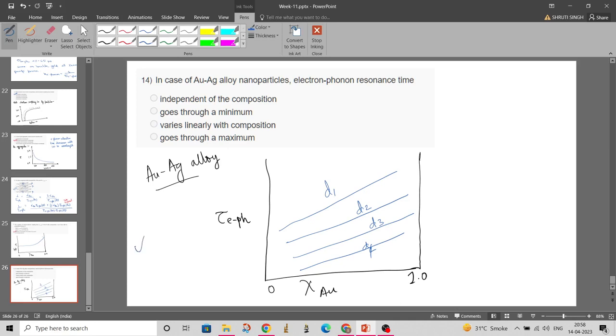That is, alpha Au is equal to chi Au, that is, density of states of Au is equal to density of states of Ag. So the answer of this question is that it varies linearly with the composition. It doesn't increase or decrease. So the answer will be C.